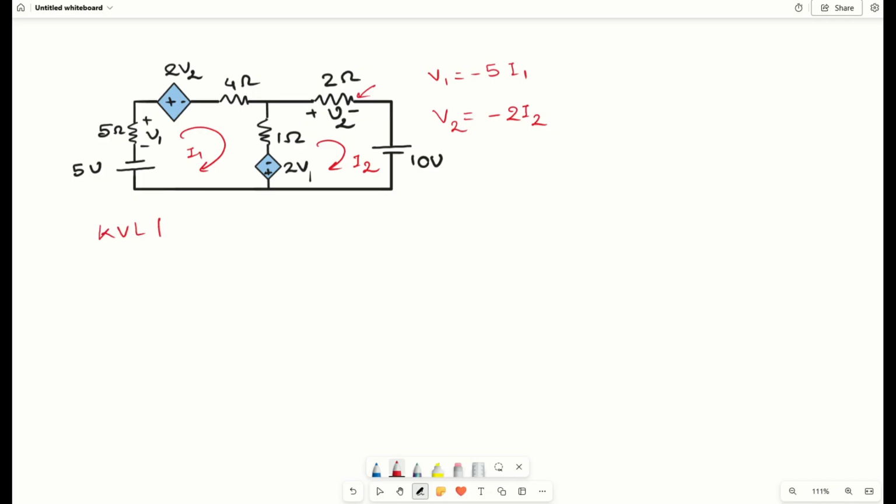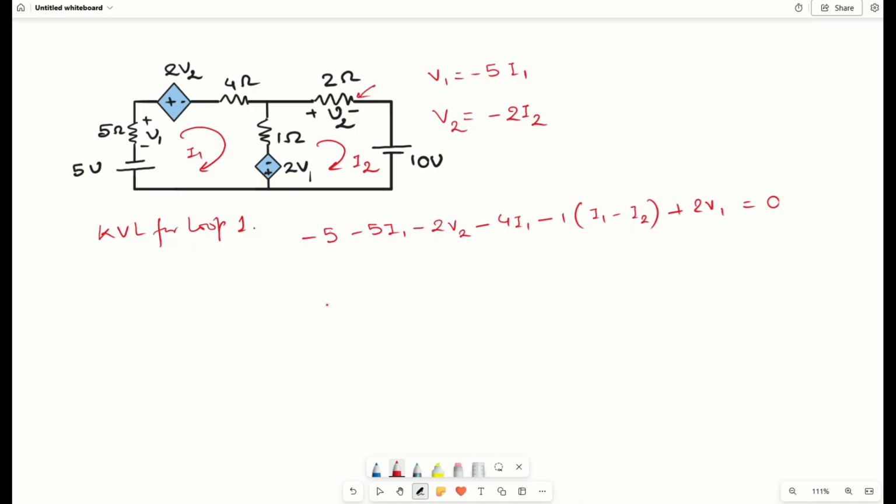So KVL equation for loop 1, it will be minus of 5 because we are going from higher potential to lower potential, then minus of 5 I1, voltage across 5 ohm, then minus of 2V2, then minus of 4I1, then minus of 1 into I1 minus I2, and then again we have plus of 2V1 equals to 0, right?